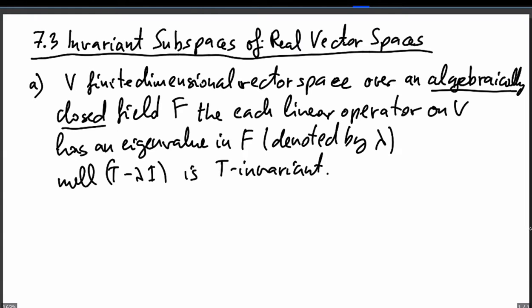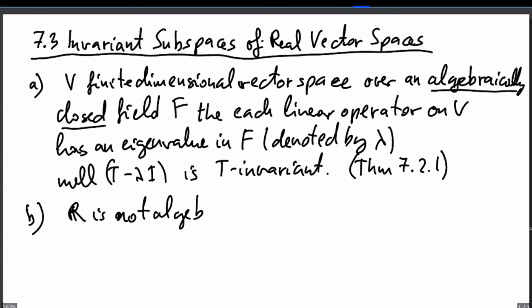This was theorem 7.2.1. Then we have the problem that R, the field of real numbers, is not algebraically closed.